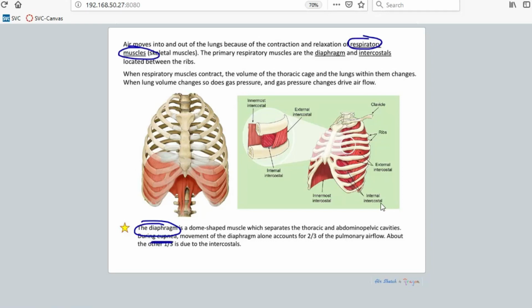During eupnea, 2/3 of airflow into and out of the lungs is due to the contraction and relaxation of the diaphragm alone. By the way, the diaphragm is this kind of odd dome-shaped muscle. It's like a parachute that separates the thoracic cavity from the abdominal cavity.